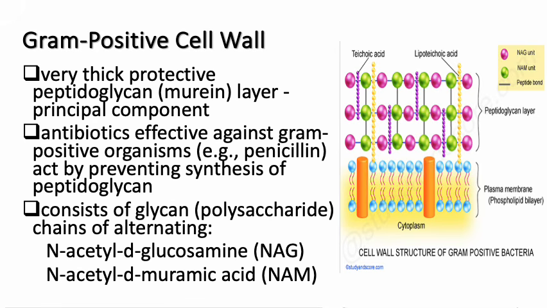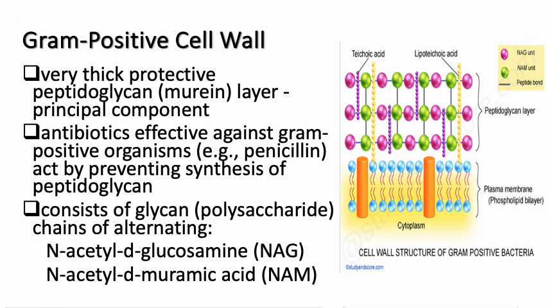The first type is the gram-positive cell wall, which appears bluish or purplish after the gram staining procedure. This type of cell wall is characterized by a thick layer of peptidoglycan, which is composed of polysaccharide chains of alternating N-acetyl D-glucosamine and N-acetyl D-muramic acid, or the NAG and NAM.